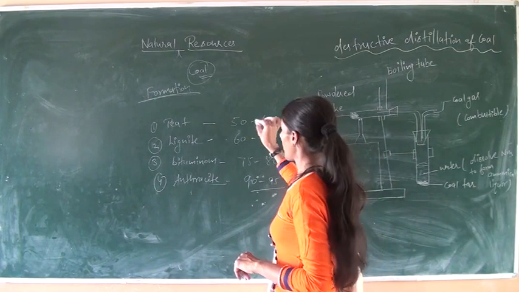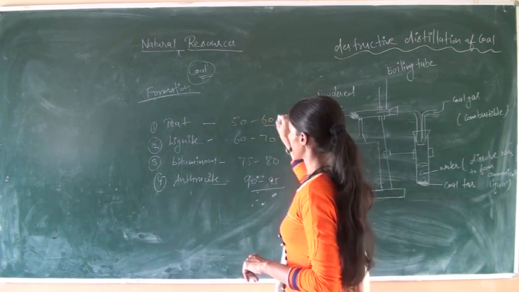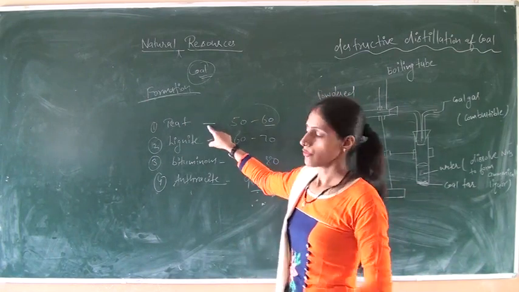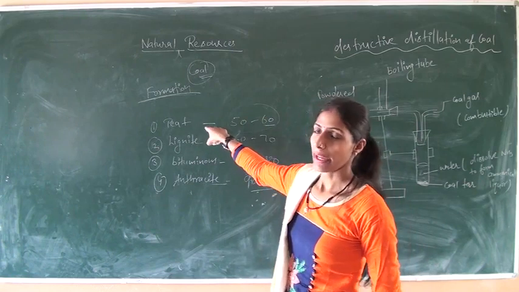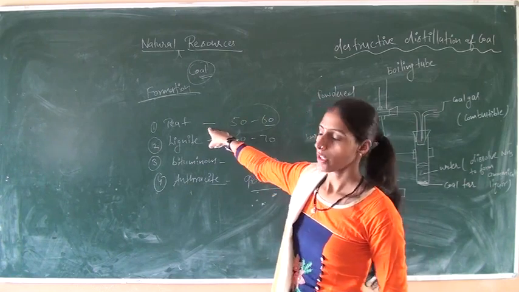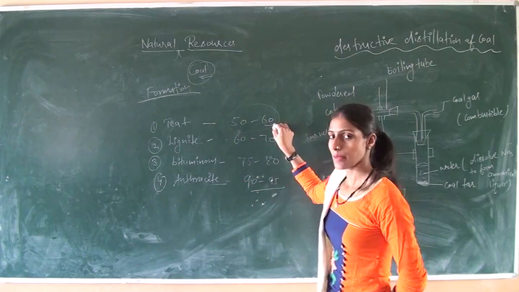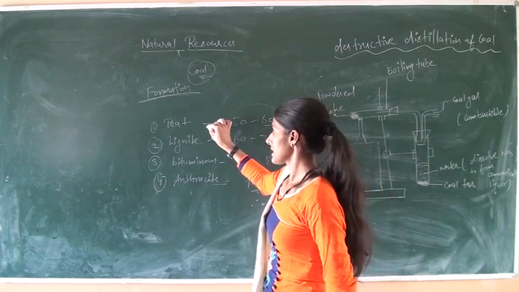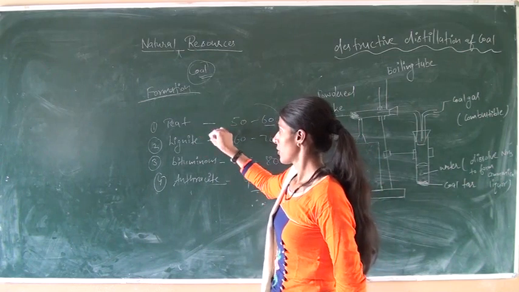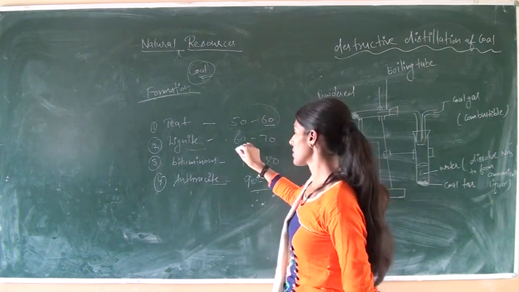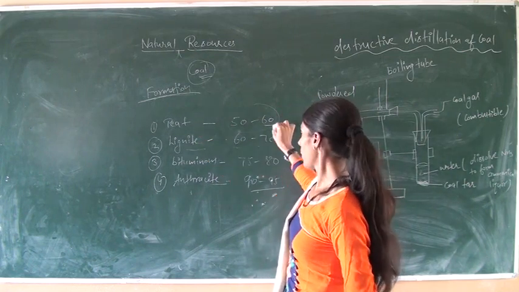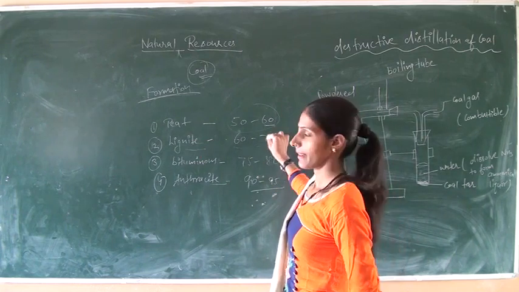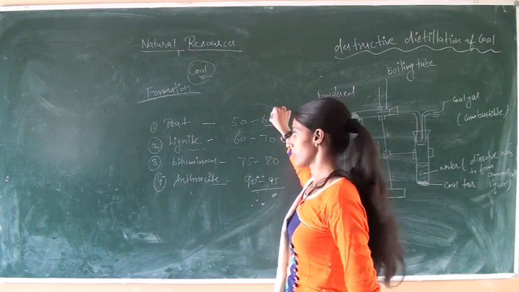The amount of carbon is less in peat, and it is not a good form due to its low carbon content. But when we move to lignite, it contains more carbon as compared to peat.